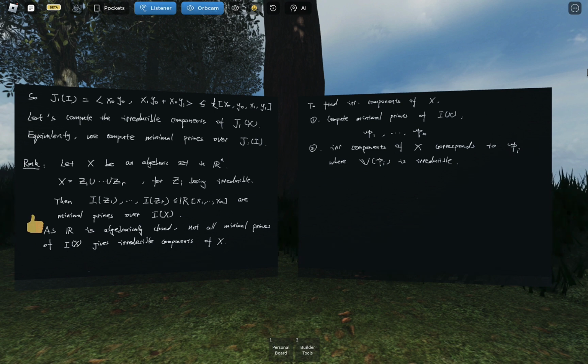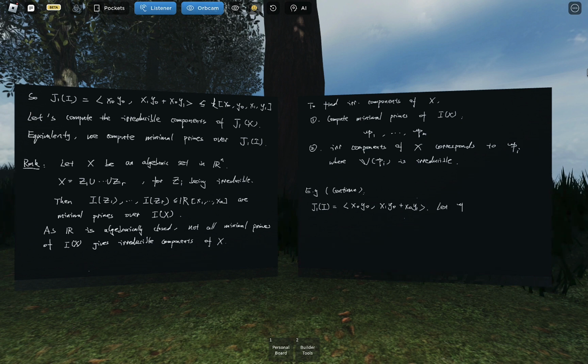Right, let's get back to the example. Now let's compute all minimum primes of this ideal. So now we know the ideal is this. To compute its minimum primes, let's see.